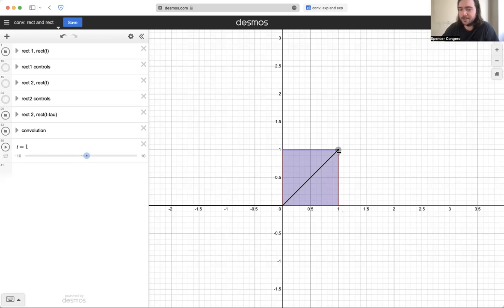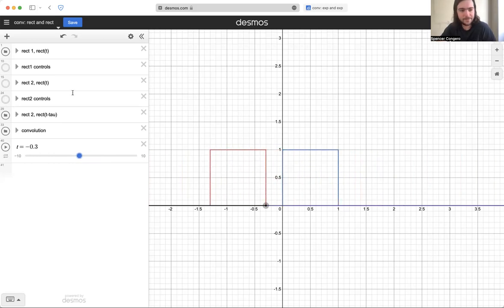The area of the purple is 1, and sure enough, the value of my convolution is 1 there. Then as I start to leave, the overlap is decreasing. The purple area is decreasing until we get the right side of the triangle. And that black line is exactly what we got. We did it exactly in this way. We just thought of all the cases of this rect moving across this other one, this square moving across the other one. And that is what the convolution does.